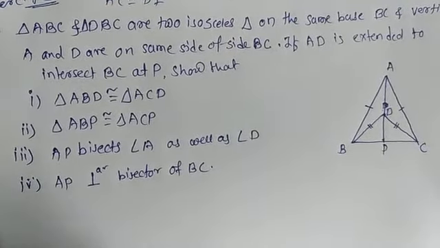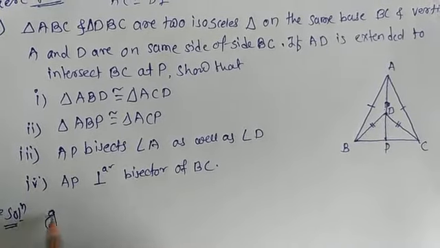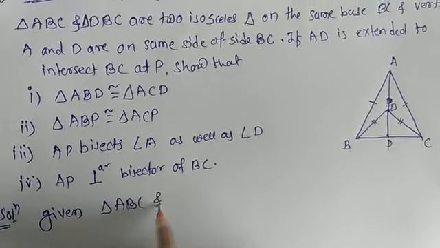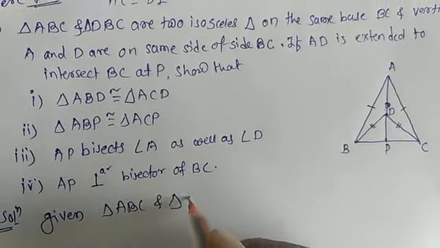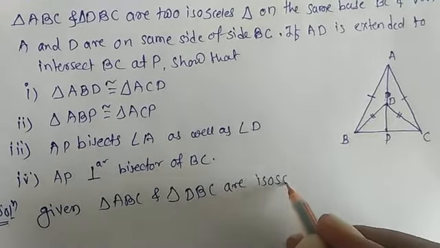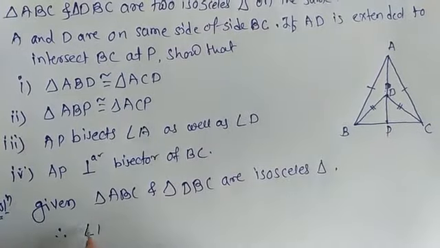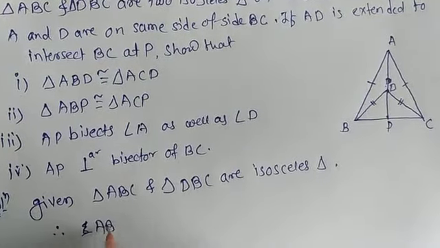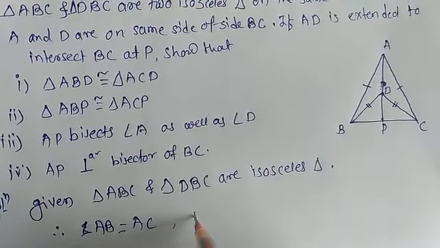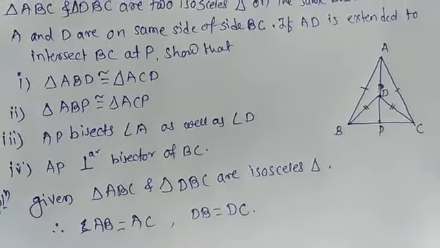In the solution, first, it is given that triangle ABC and triangle DBC are isosceles triangles. Therefore AB is equal to AC and DB is equal to DC, given.